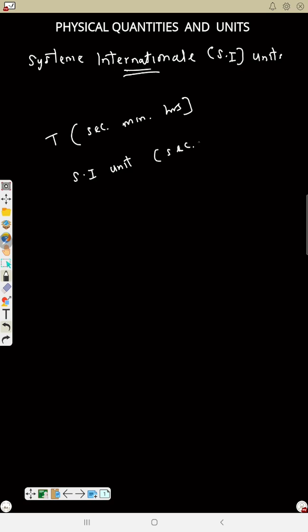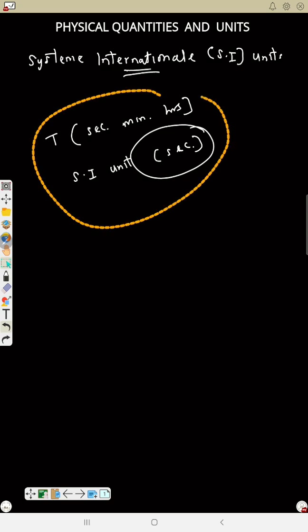That is the most acceptable, so that everything will rhyme. That's why if you solve questions in physics, we say change all the units back to second. That is the generally accepted unit.